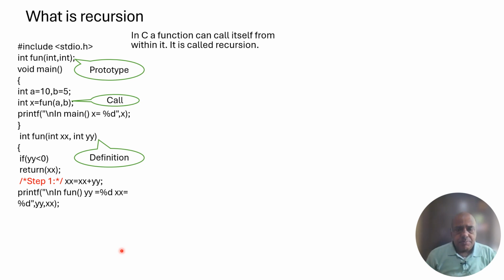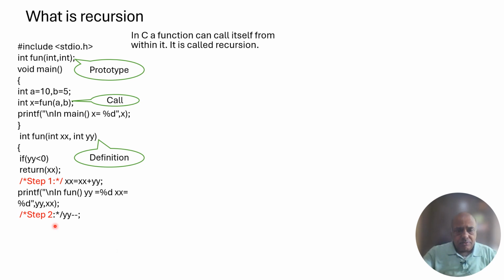Then there is a simple printf statement which every time the function is called displays the values of xx and yy. Then yy is decremented, yy minus minus.